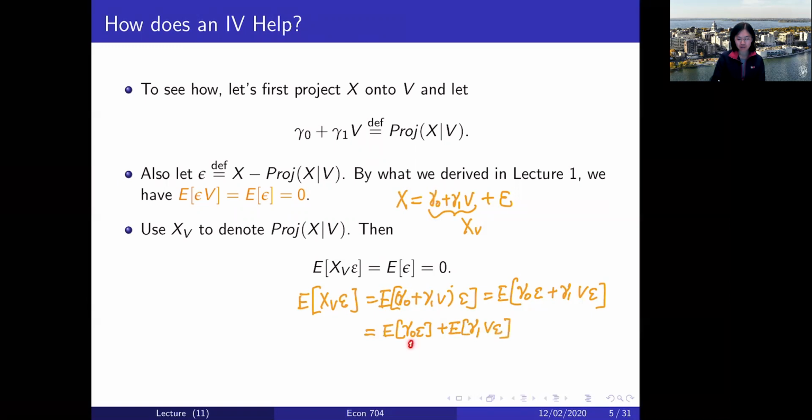Now gamma 0 is a constant, non-random, so it can come out of the expectation, giving gamma 0 E epsilon. Same thing for gamma 1, giving gamma 1 E v epsilon.